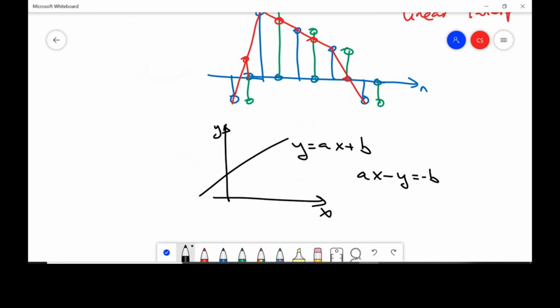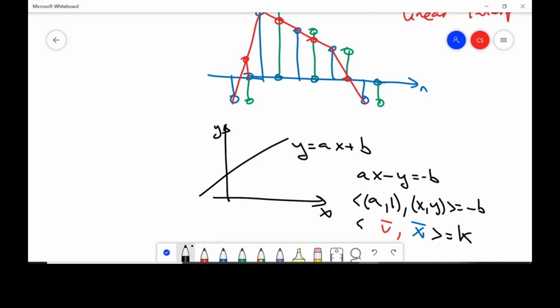So this is the inner product between a vector that is (a, -1) and (x, y), and this is equal to some constant. So in general, the equation of a line is the inner product between a vector u and the coordinates x equal to a constant. Do you agree that this is the general equation of a line?